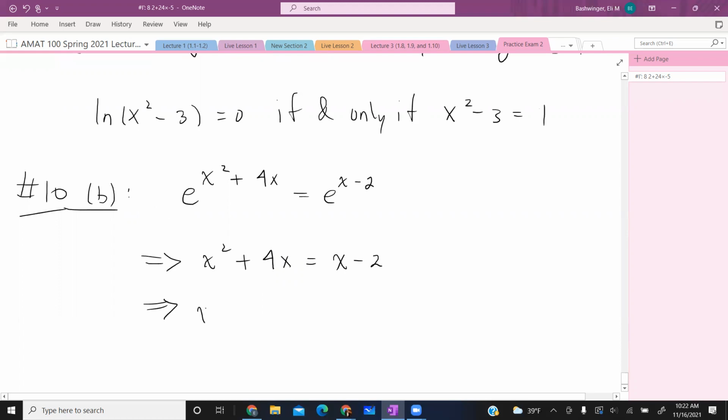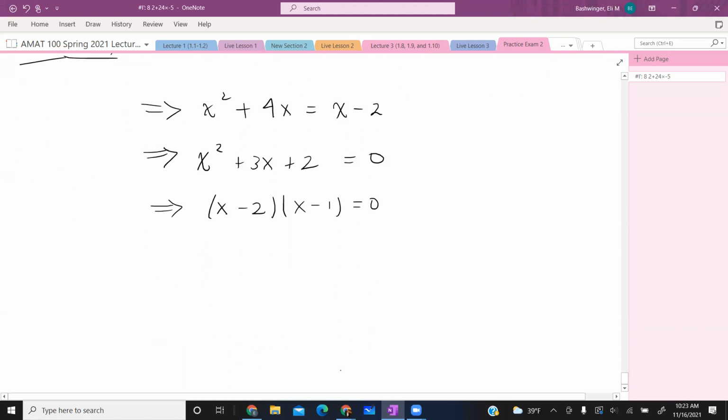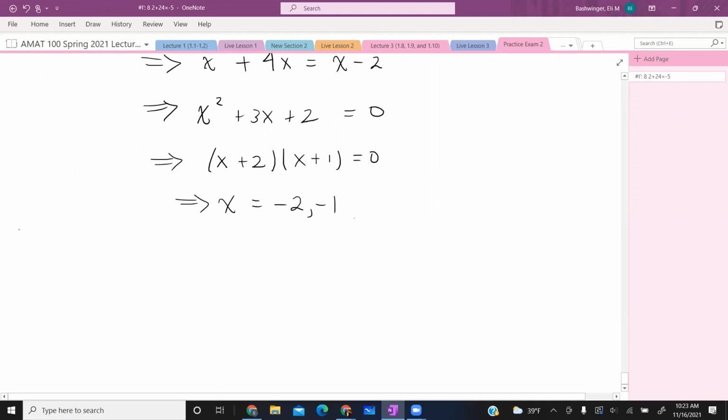So we can subtract x from both sides to get 3x on the left-hand side, and then we can add 2 to get this. And then actually we can factor. What we get is negative 2 and then x minus 1. I'm sorry, actually these are pluses. So the solutions of this equation are -2 and -1.